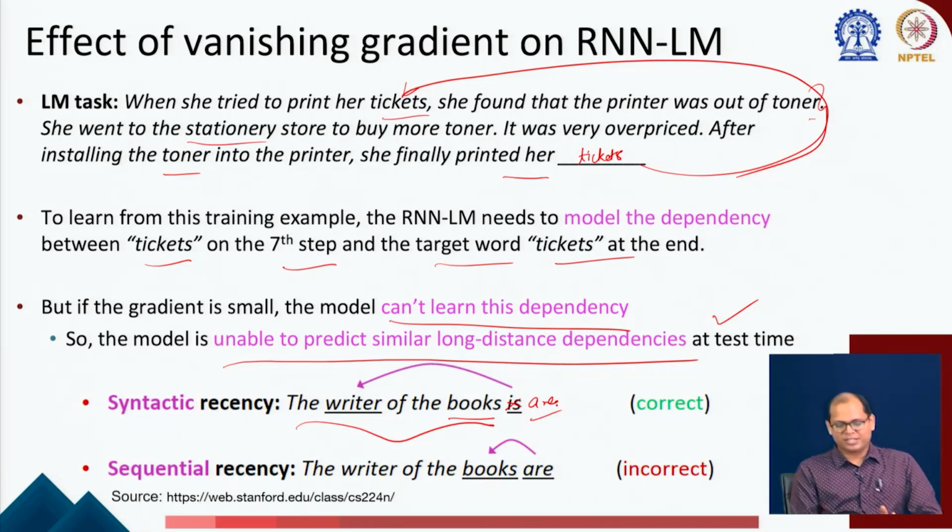But in general, you have to see the syntactic recency. This should depend on the actual word "writer", and I will say "writer is". "The writer of the books is" is correct, but "the writer of the books are" is incorrect. That is only sequential recency. I want to capture syntactic recency. And this becomes possible only if I can capture the long term impact of the dependencies in recurrent neural networks.